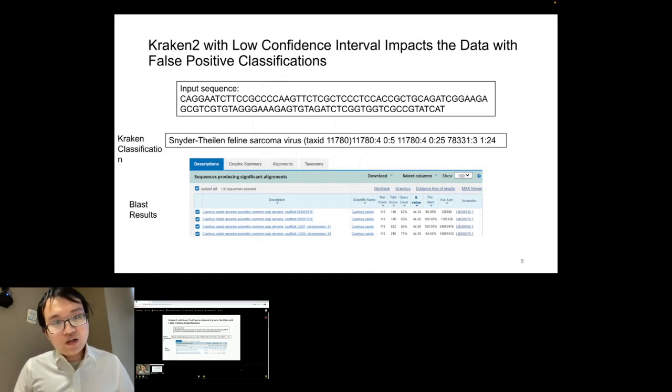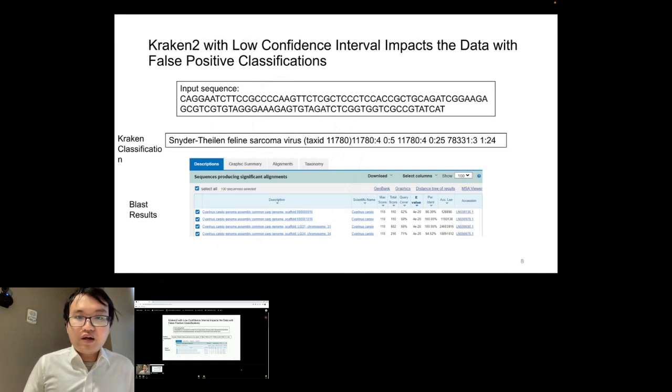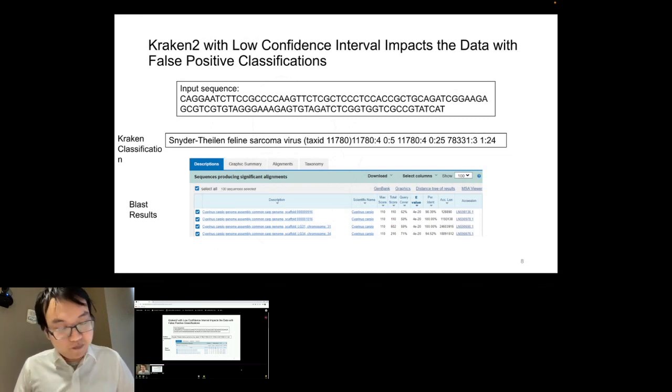With the default confidence value of zero, these obvious false classifications account for about 0.01% of our total classified reads. And since we are dealing with low biomass samples, we decided not to underestimate these false positives.